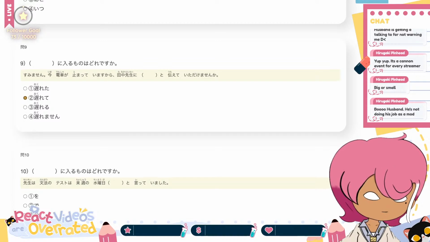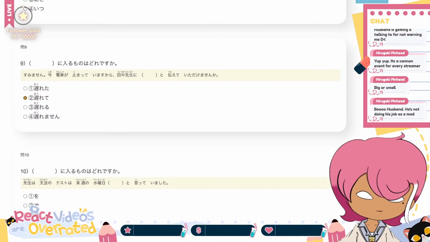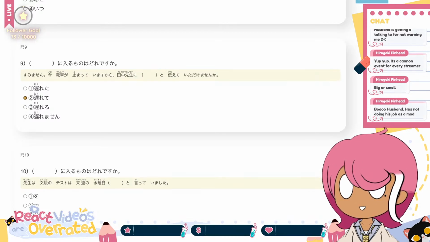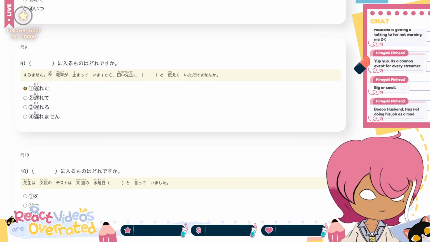Again, plain form. 遅れた。I think. Yeah, like that.